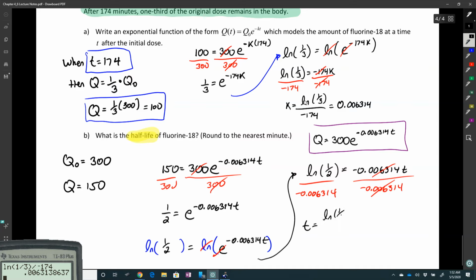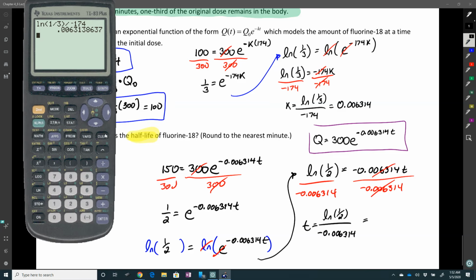So ln of 1/2 over negative 0.006314. And so we type that in our calculator, and that's going to tell us how many minutes it takes for half of whatever that substance is to decay.